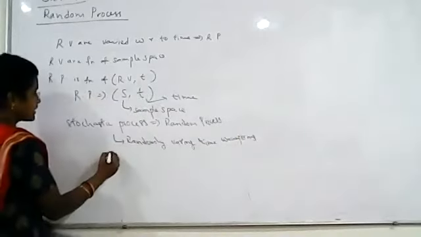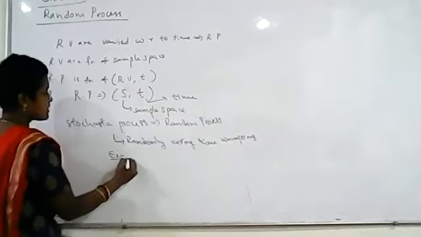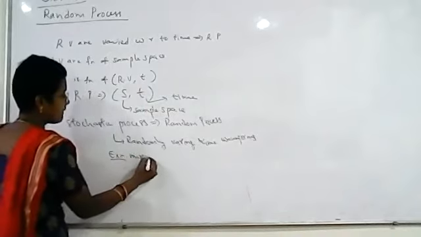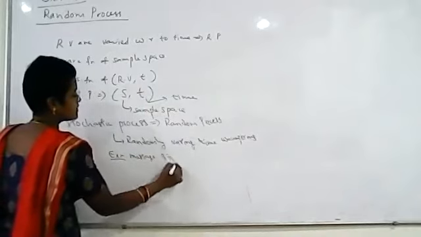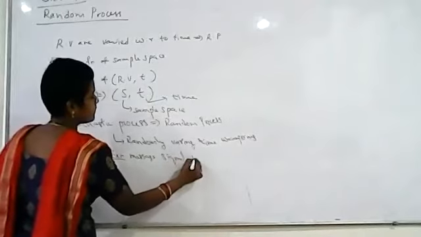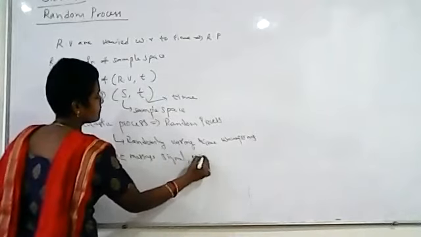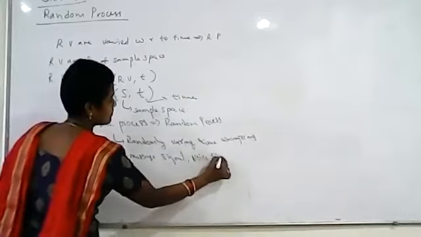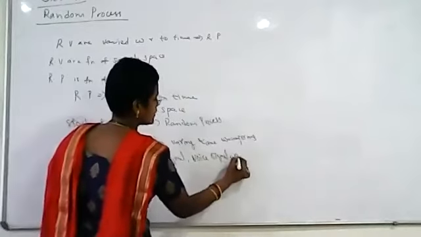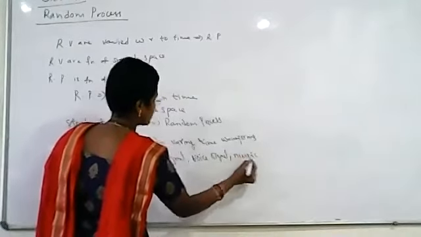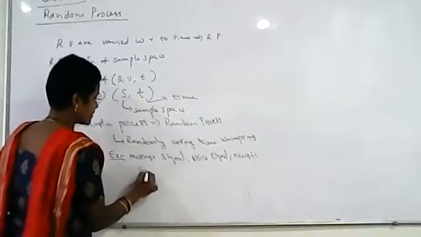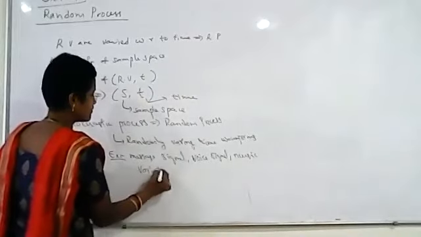So what are the examples here? The examples are message signal, voice signal, music, fluctuation of temperature or variation of weather.